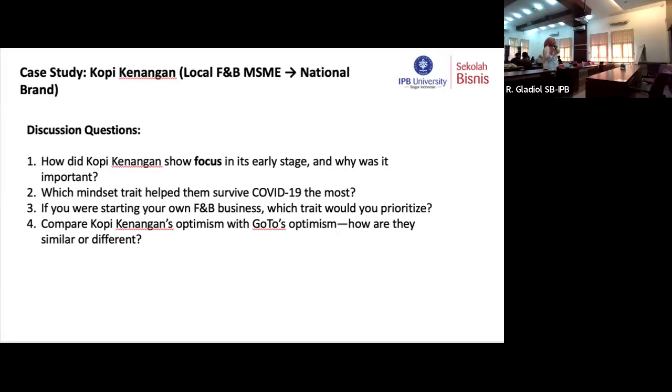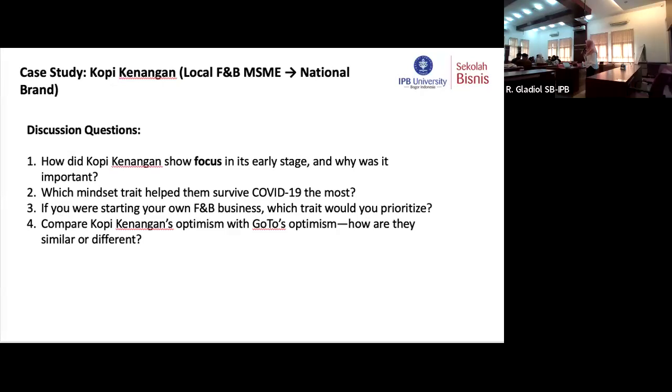The trade says it's very optimistic because during the pandemic, while many cafes were closed, they kept the signature drinks like the kopi susu gula aren and the chocolate, and moved to online and digital orders.